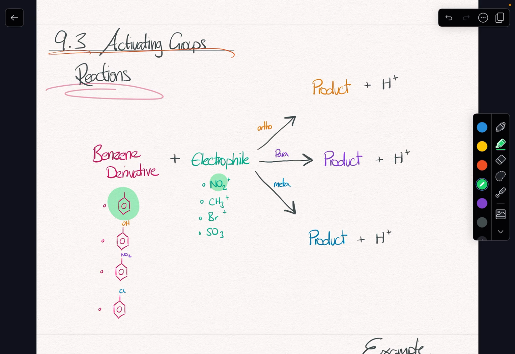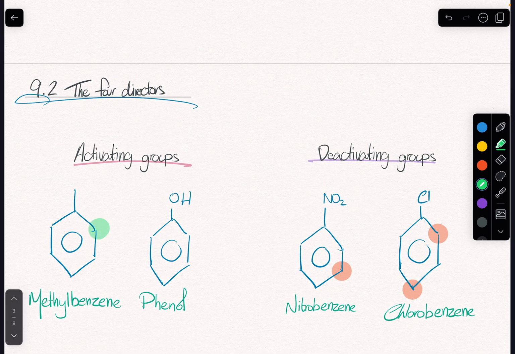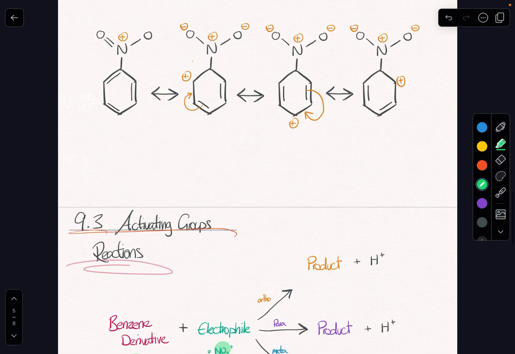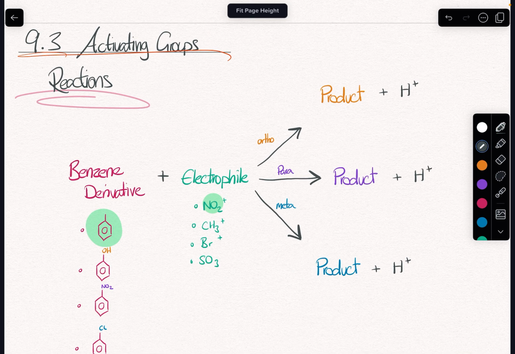Well, the methyl group is ortho and para directing, which means I might get, I'm going to zoom in, there's my methyl. I might get an ortho nitro group, so there's one product, or I could get a para nitro group, which is there. So there's 2 reactions for each electrophile, because you can have an ortho and a para.